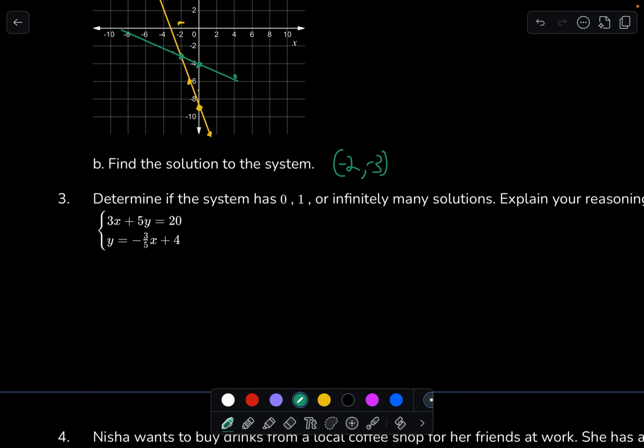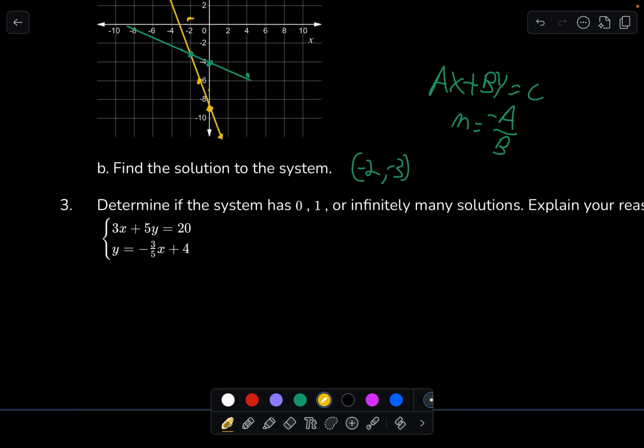Remember, when it's written in standard form, it is ax plus by equals c. The slope is the opposite of a over b. So for the top line, I'm going to make that yellow. It's going to be a is 3, so it'll be m equals -3 over 5. All right, which happens to match the slope there because that's in slope-intercept form. You know m2 equals -3 over 5.